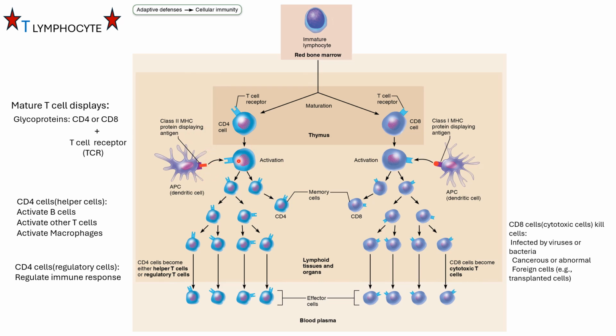So CD4 cells are activated by class 2 MHC, and CD8 cells are activated by class 1 MHC. And then there is clonal proliferation, just like it happened with the B cells. Then CD8 cells become cytotoxic T cells, and CD4 cells become the helper T cells or the regulatory T cells.